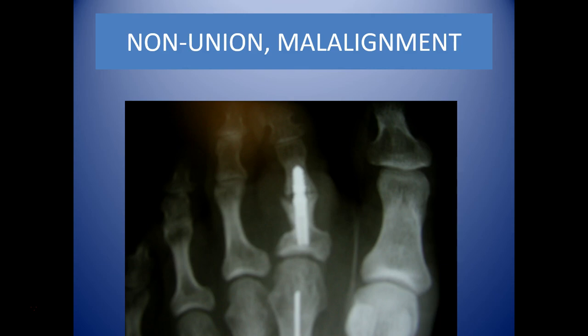So again, the question becomes, we have a non-union, we have a malunion, we have painful hardware, we have persistent swelling. Is this a complication? Is it a known potential sequela? Is it negligence? Is it a mistake?